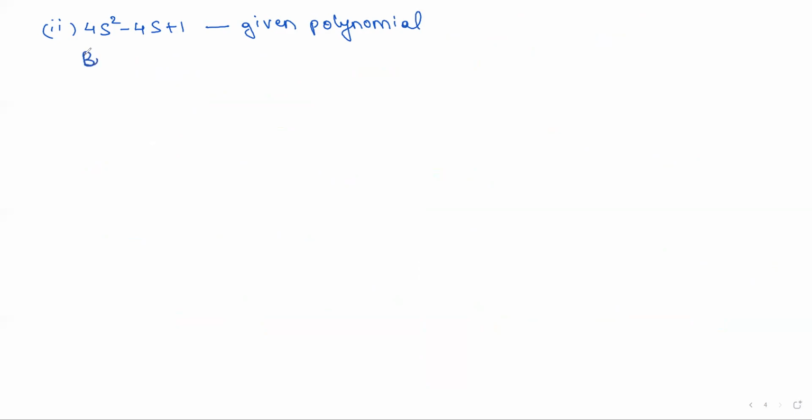By the middle term splitting method, 4s squared minus 2s minus 2s plus 1.